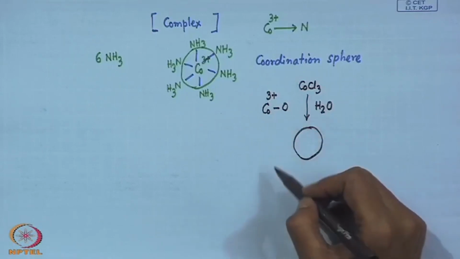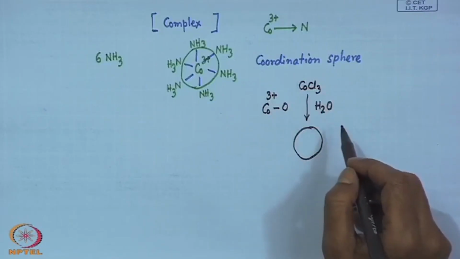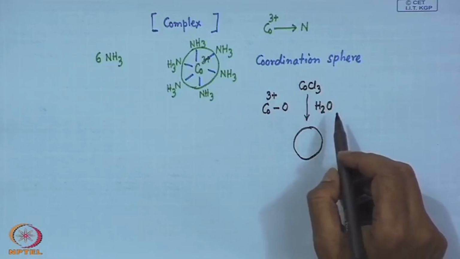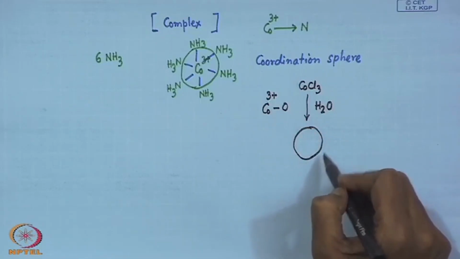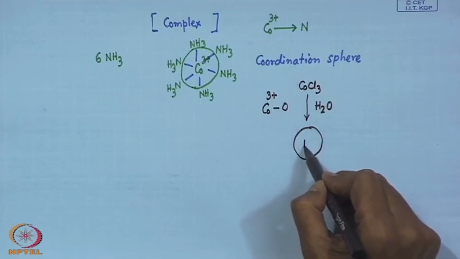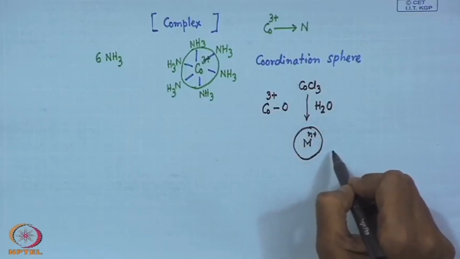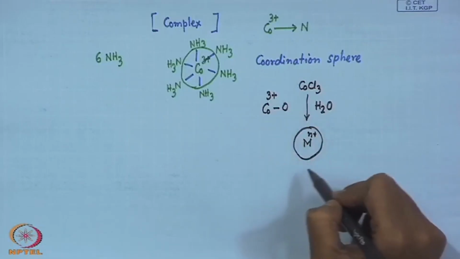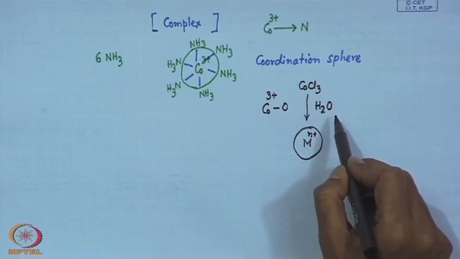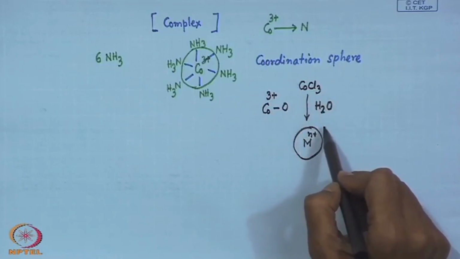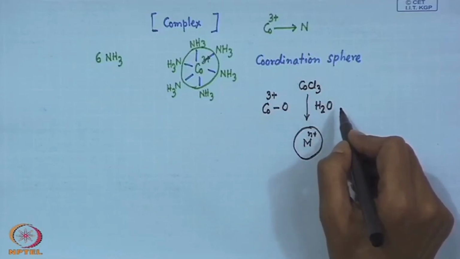Whatever metal salt we are dissolving in a test tube, in a beaker or in a round bottom flask in a chemistry laboratory class, we should have a corresponding coordination sphere around the metal salt. So, the metal will be there as N plus and we will have a large number of water molecules, whether these water molecules we have added for making the solution or they are coming from the living system, the living organisms in our body.